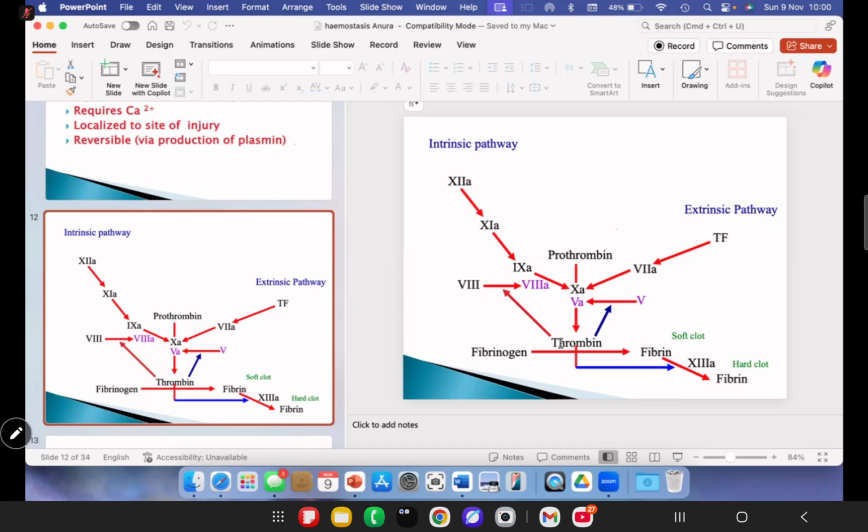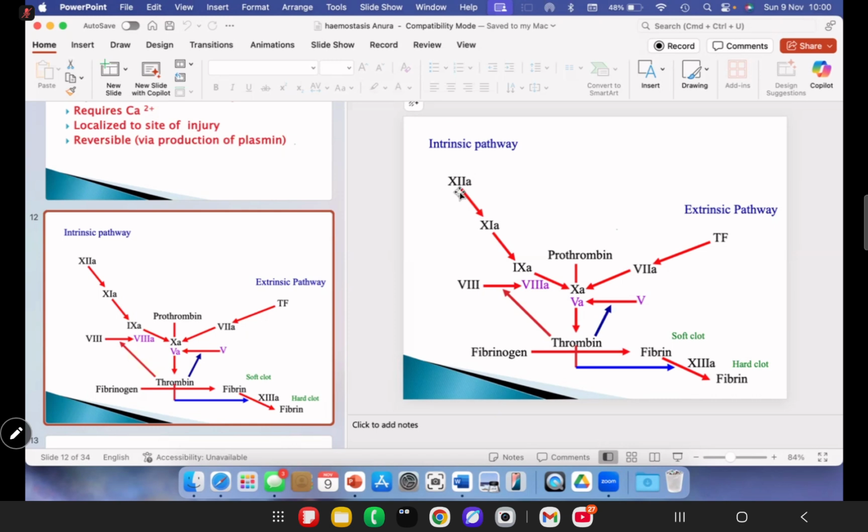On the other hand, it can activate factor 8 and further augment this way also. So it can augment the common pathway, and it can augment the intrinsic pathway as well, factor 2, right?